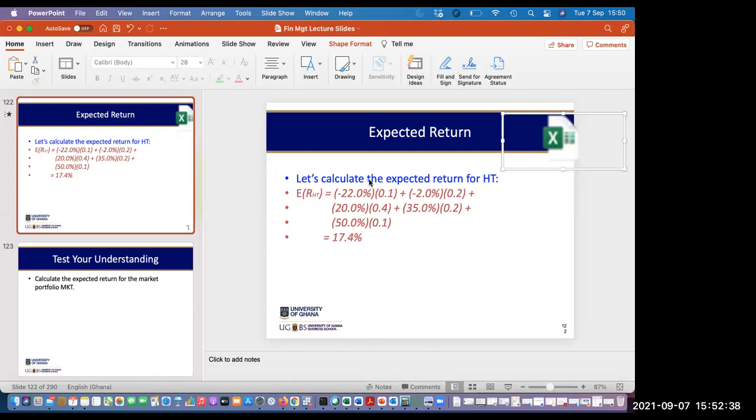It will open the Excel sheet for you. So go to slide 122. Click on the Excel icon. And then it will open the Excel sheet for you.